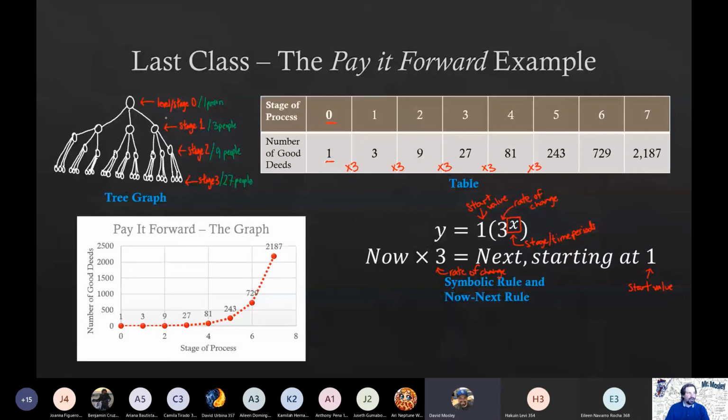So if this tree graph was to represent 1 person helping 4 people each, what would I have to change? What would I have to add? Right, think of how many branches are coming off of each dot.